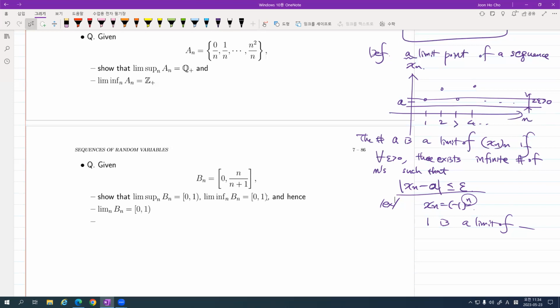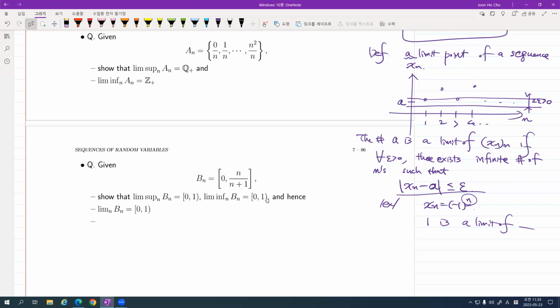Now, what if we have many limit points? Then we may define the supremum of limit points, because we have a set of limit points. We may define the infimum of limit points, right? Then what can we say? What does that mean? We have many limit points.